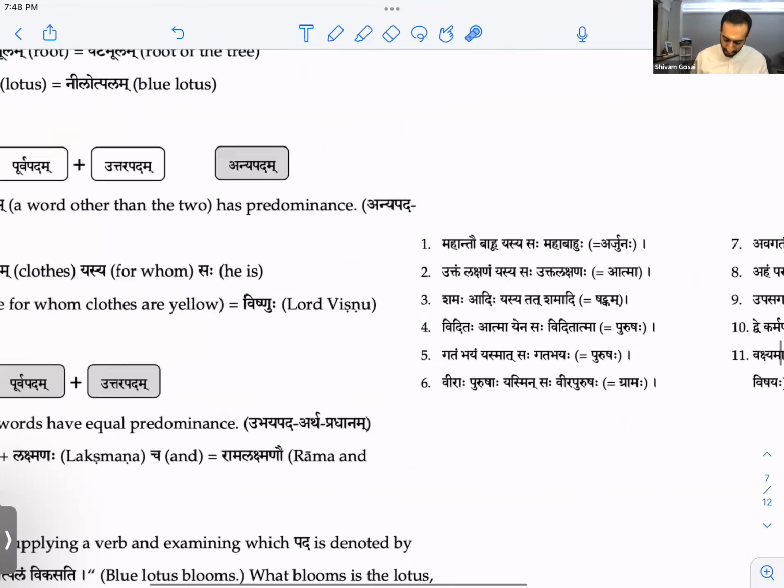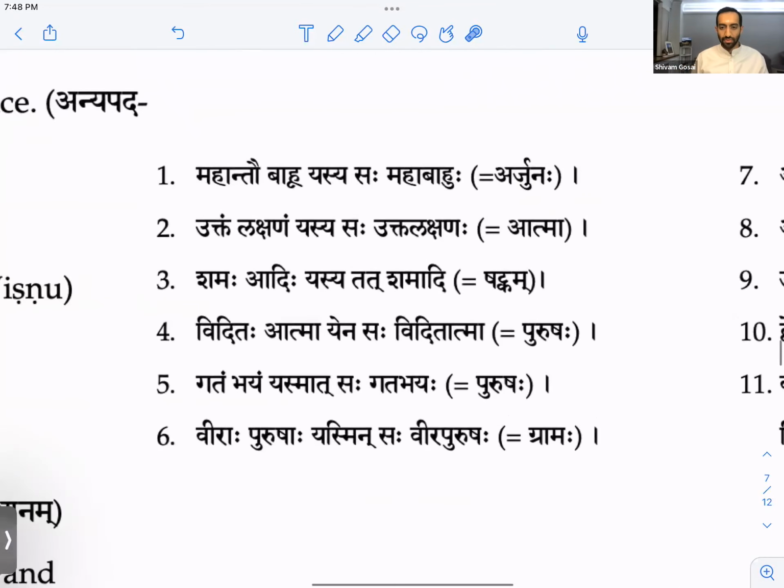Some other examples. Mahanto Bahu. Oh, the Vachanam doesn't have to match. Let me see. No, the Vachanam does match. Yeah, sorry, never mind. But Mahanto Bahu Yasya Saha, Mahabahu.